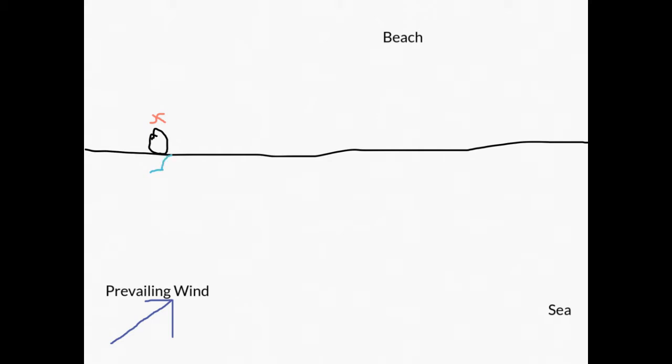Now this is something that we term the swash. So the swash is these waves pushing their way up the beach at this angle, and this moves material up the shoreline.